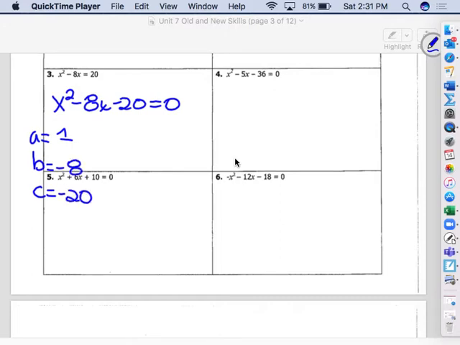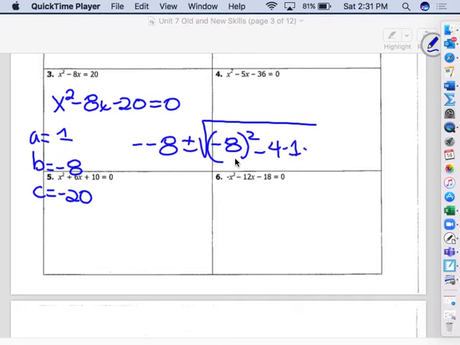Moving into the formula, negative B plus or minus. Since B is negative, it introduces a double negative sign. And when I'm squaring underneath the radical, I need to square that negative sign as well. B squared minus 4 times A times C, all of that over 2A.